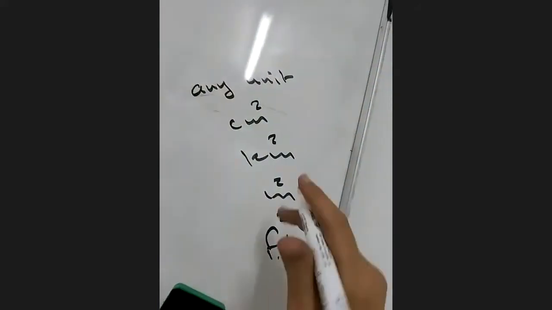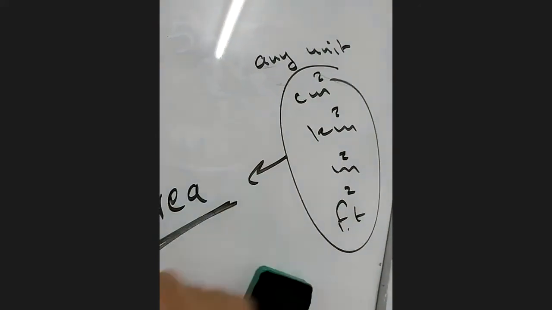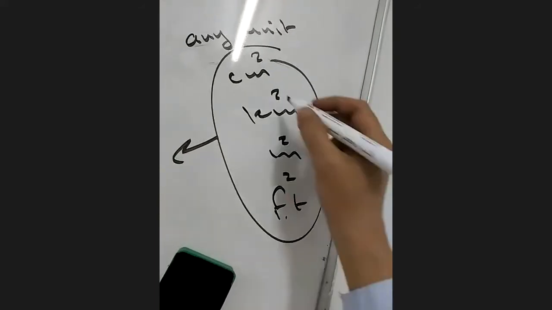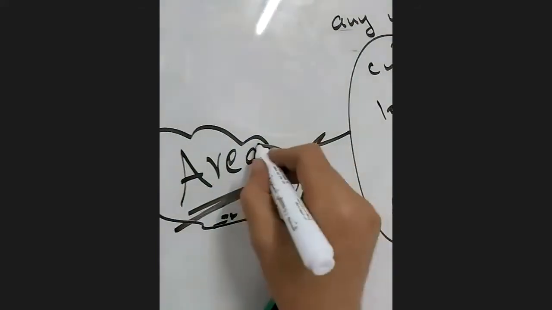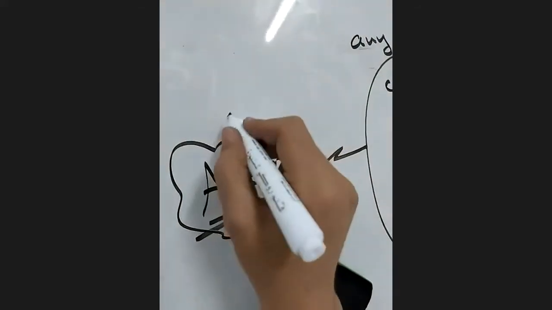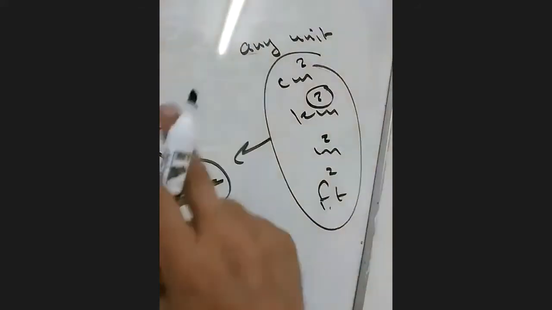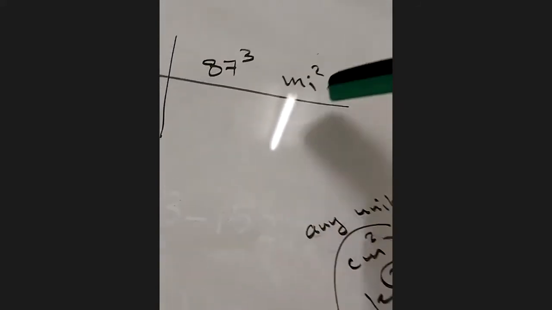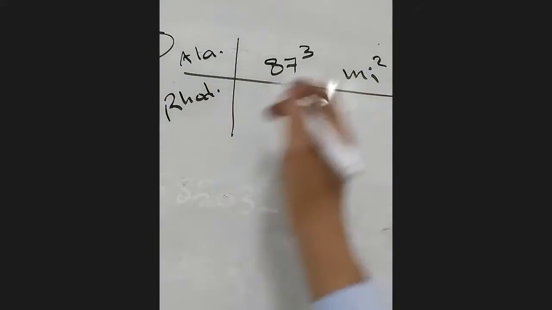This means we are talking about area. So if you see a unit and power 2, only 2, we are talking about area. Why? Because to find the area, you need 2 dimensions. Later on, we'll take areas more. But just to let you know, this is the unit of the area if you have power 2. So the area of Alaska is 87 to the power of 3.